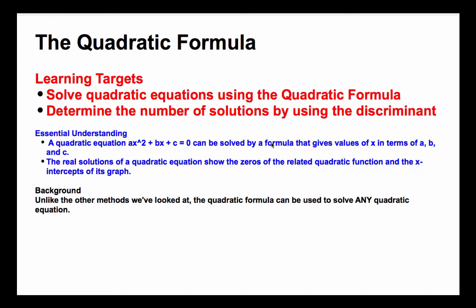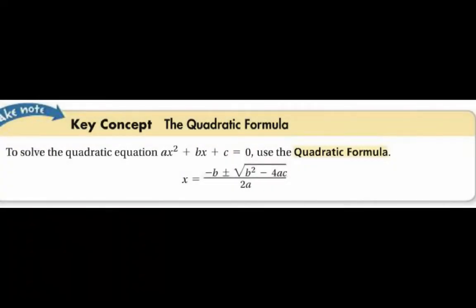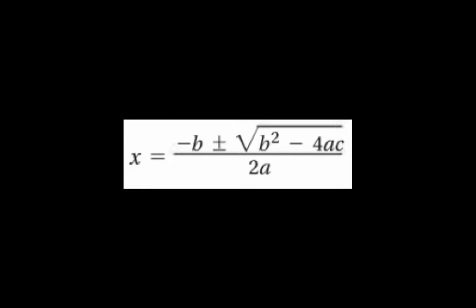Background for the lesson. Unlike the other methods we've looked at, the quadratic formula can be used to solve any quadratic equation. So here is the quadratic formula. To solve a quadratic equation, ax squared plus bx plus c equals 0, we use this quadratic formula. x equals negative b plus or minus the square root of b squared minus 4ac, the product of 4, a, and c.